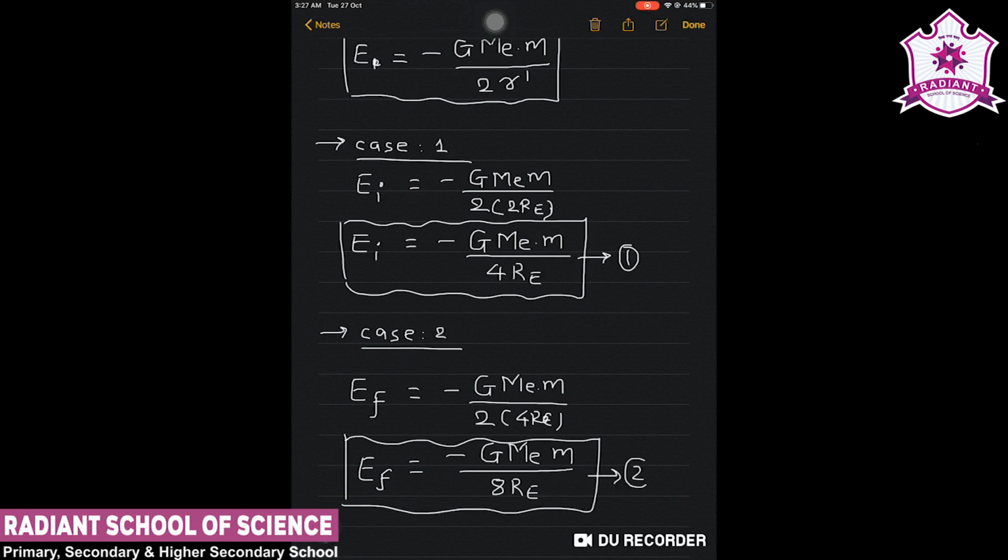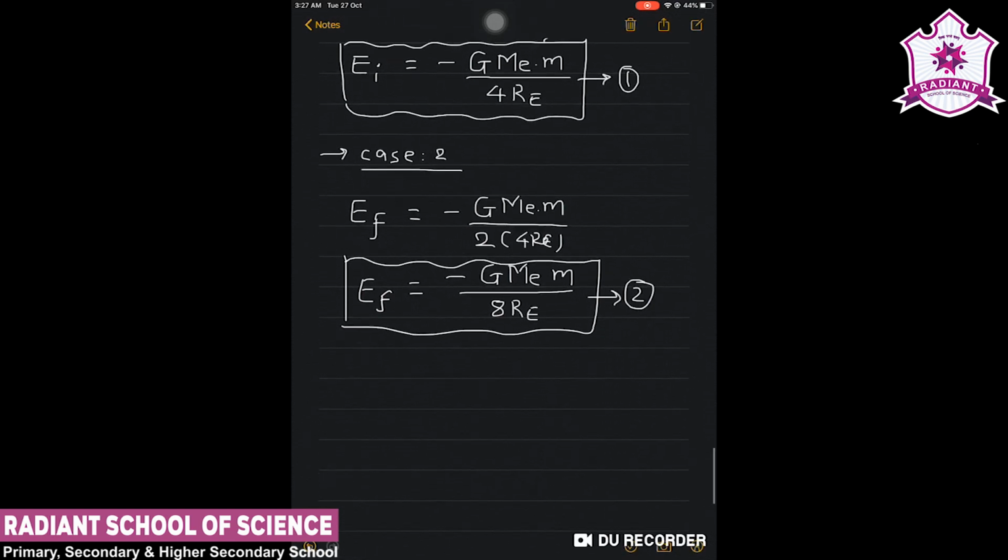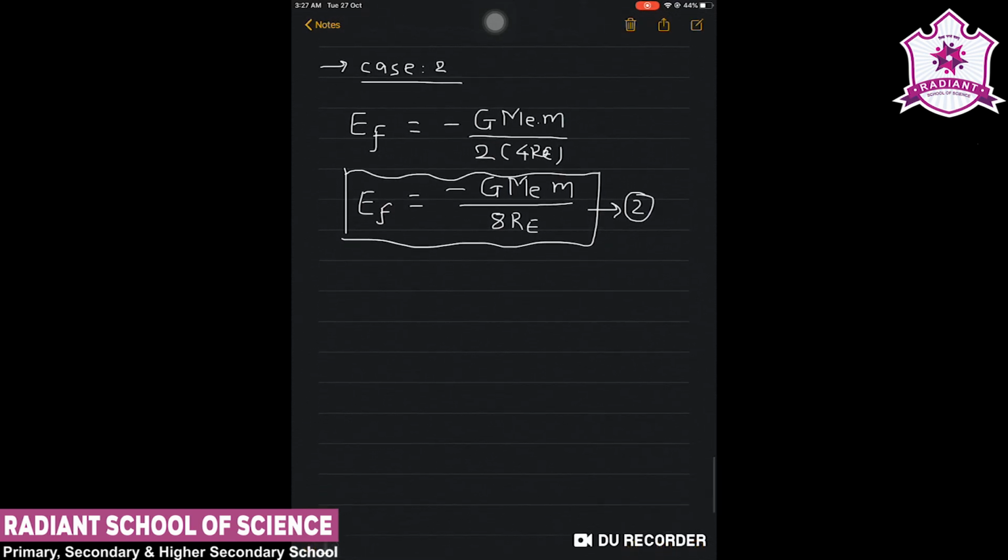This is the final energy. Now we have to find out the change in total energy. So the change in total energy, delta E, is equal to Ef minus Ei.